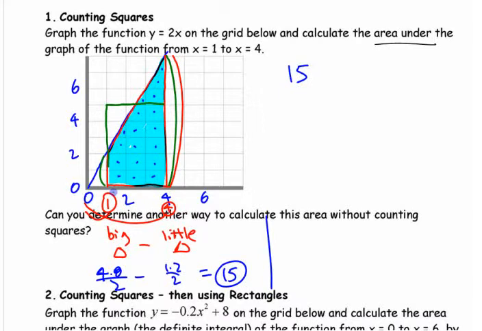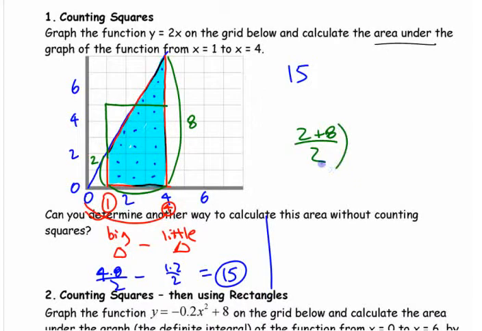If you add the two heights, or bases, whatever you want to call them, the area of that trapezoid is going to be 2 plus 8 divided by 2. That's the average height times the width of that interval. So the average height times the width is 3.